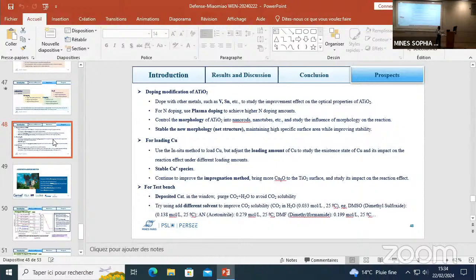The conversion is really low. Even if you try everything for CO2 reduction, the CO2 conversion is still low. That's why we focus on the absolute yield of our products.